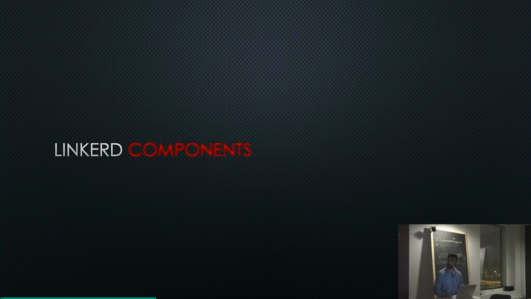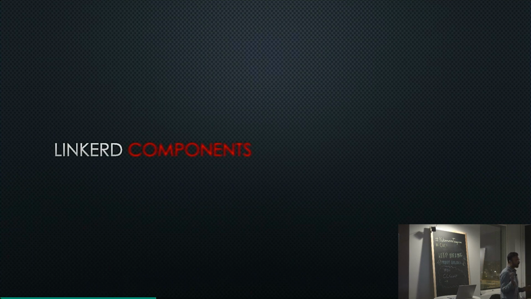So, Linkerd itself comes as small portions, so it's not one monolith running in the cluster. It has multiple components. For example, it has tap, which looks at the network traffic. It has identity, which makes sure that you can get the certificates, and that's how the mutual TLS happens. It has a service profile validator.